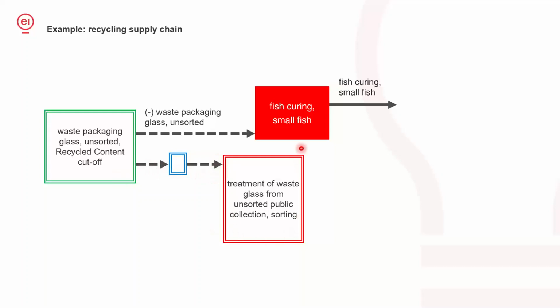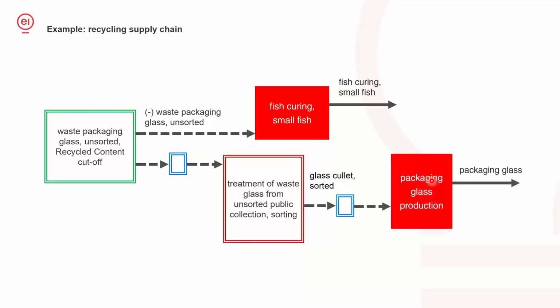There is some sorting process required, and it produces glass cullet, which is used in another activity. So what we see here is that the difference between waste and recyclable in cutoff is that in the case of waste, we have the producer getting the burden of treating the waste.